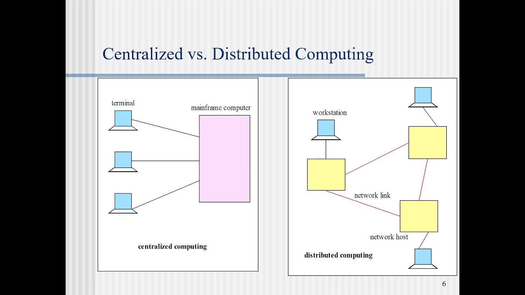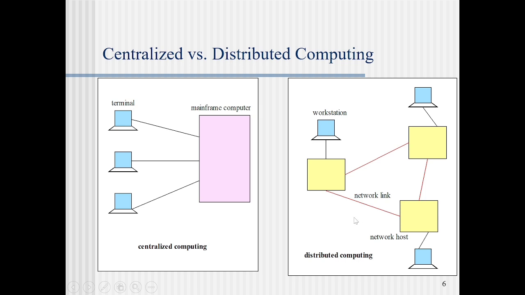So this is centralized versus distributed computing. Here we have the centralized computing devices. Each terminal is connected to a mainframe computer, so all the resources wanted by those terminals are given by that mainframe computer. All the information and resources are shared by the terminals.